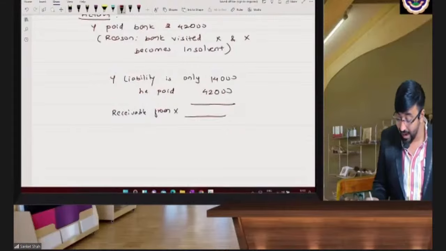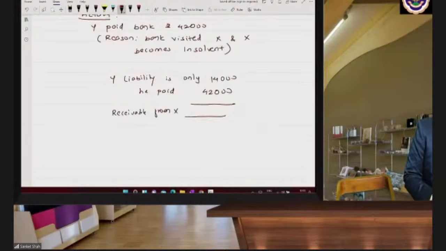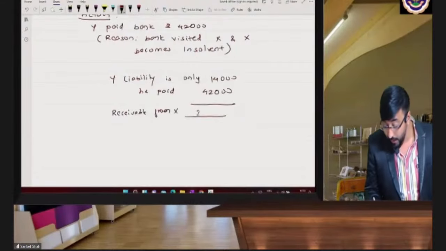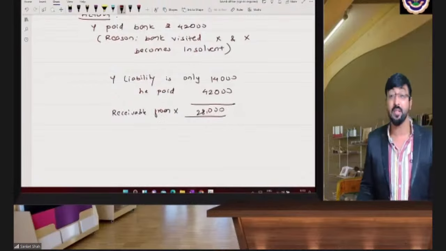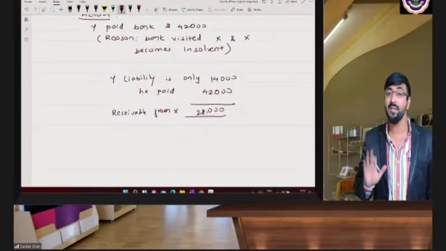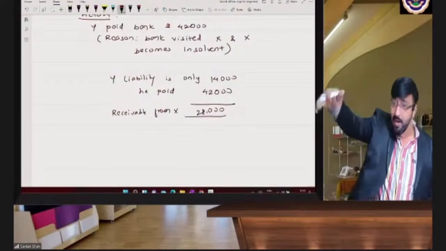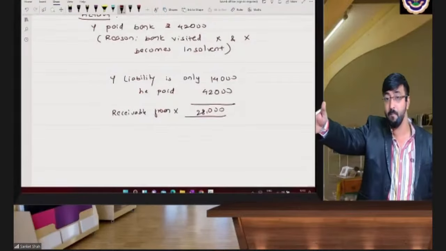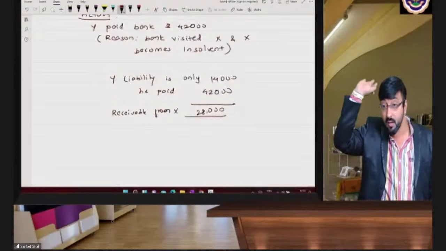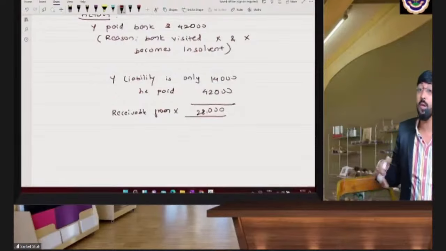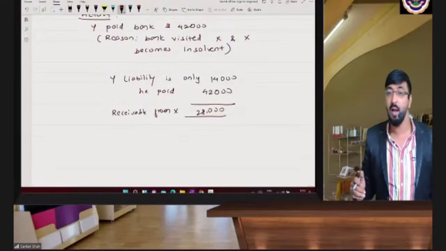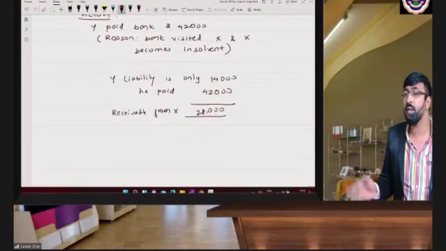Receivable from X is 42 minus 14. So 28,000 is receivable from X. Y's liability is only 14,000. But as X becomes insolvent, he paid 42,000 to bank. Discounted bill dishonored. So Y's duty, beta, Y's duty to pay to bank 42,000. And from X, he will recover 28,000.